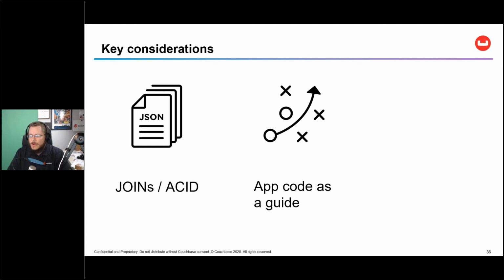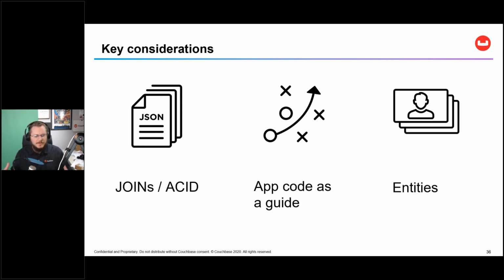We can use our existing application code as a guide. If we have a Java application or a C# application and there's a person object and that person contains addresses, but it actually has to go and look up the orders in the application, we can think of that as an entity within the application, and that's maybe how we start to think about mapping the data in our database as well.